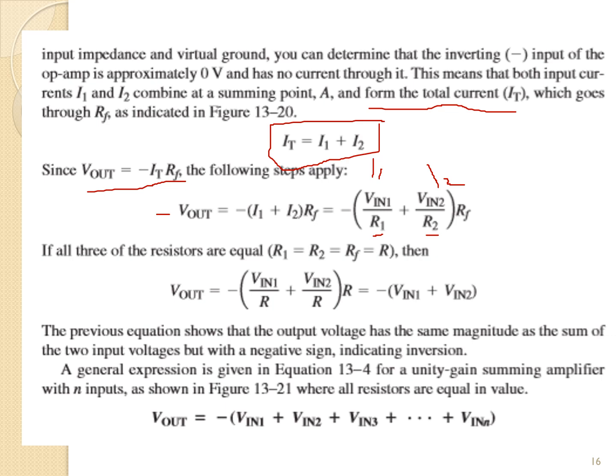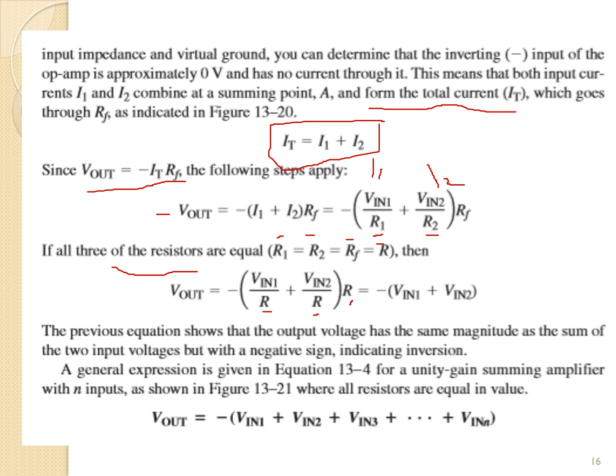If all 3 of the resistors are equal, R1 equal to R2 equal to RF equal to R, then V out is equal to negative V in 1 over R plus V in 2 over R times R.